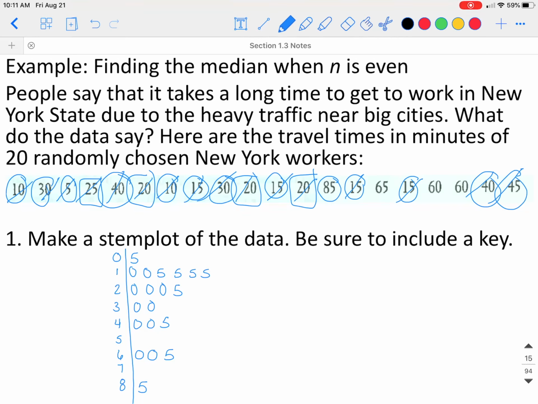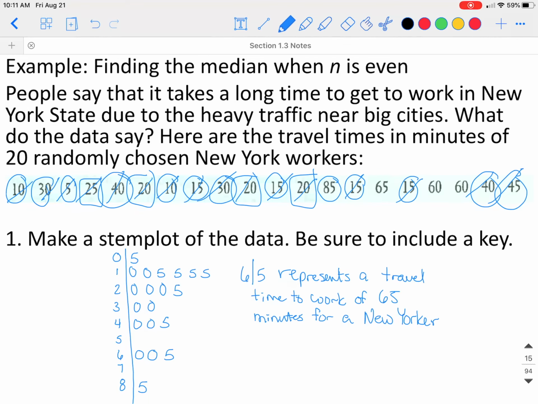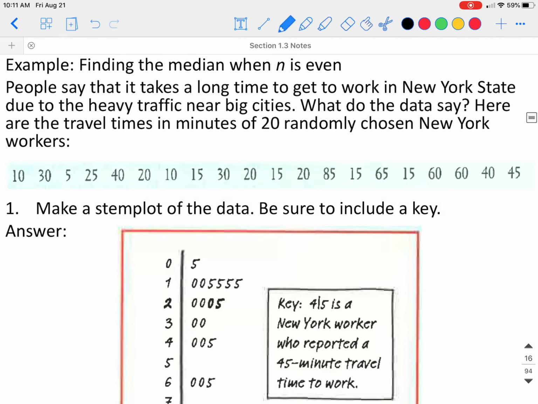Now, if we need to make a key, we can say 6/5 represents a travel time to work of 65 minutes for a New Yorker. Again, in your key, you need to put it back into the context.